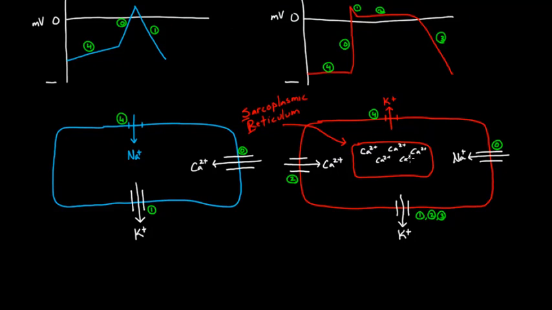And what it's waiting for is a signal from the cell to say that some calcium has entered. So once this calcium has entered, it binds to a little receptor right here. And when it binds to the receptor, calcium from the inside of the SR, or sarcoplasmic reticulum, is dumped out into the cell.